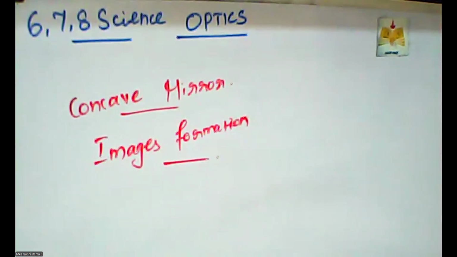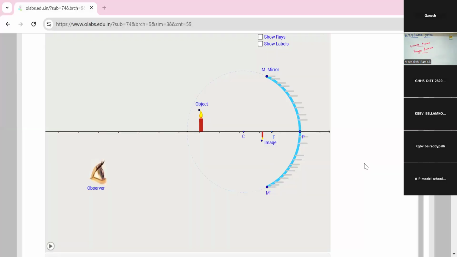With the help of the simulation, we are going to learn about the images formed in a concave mirror. The simulation will give a very clear idea about the images. I already said we are going to keep the object in different areas.